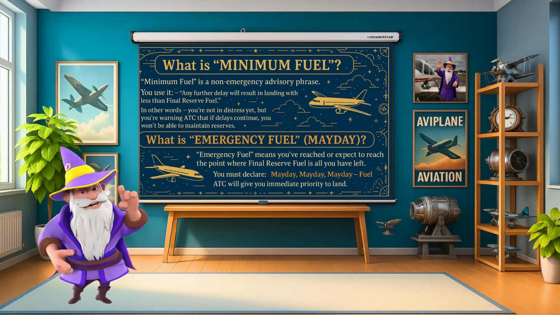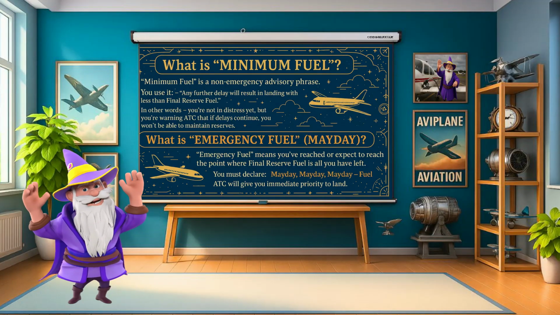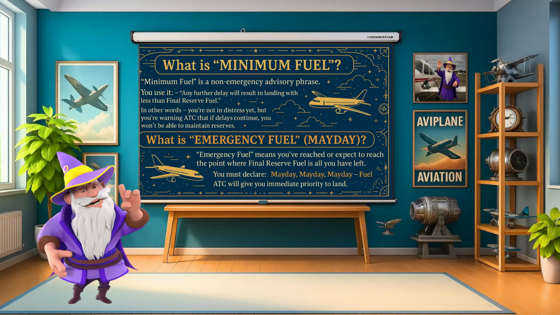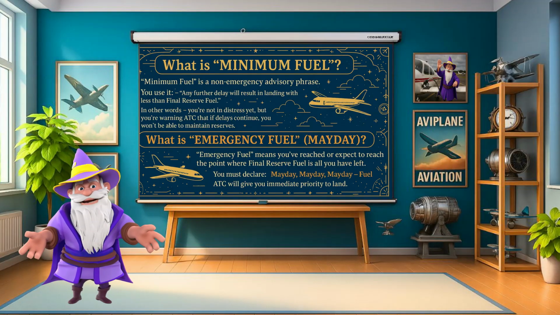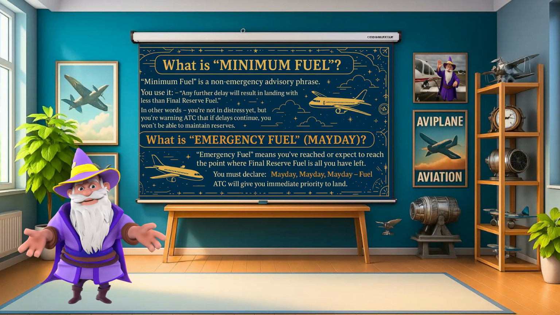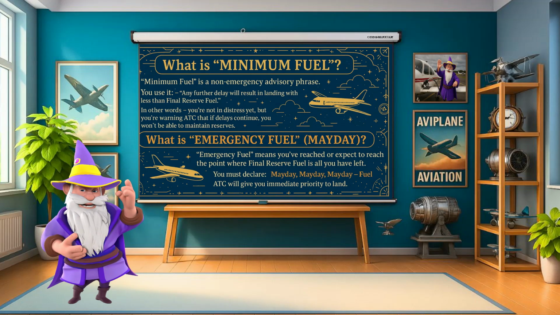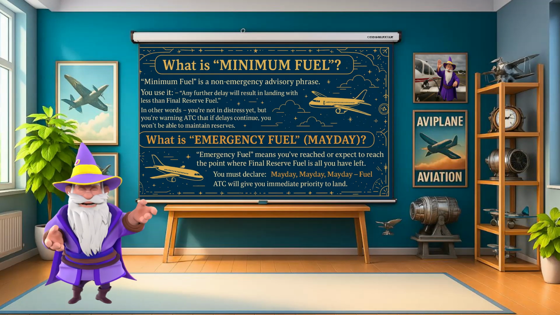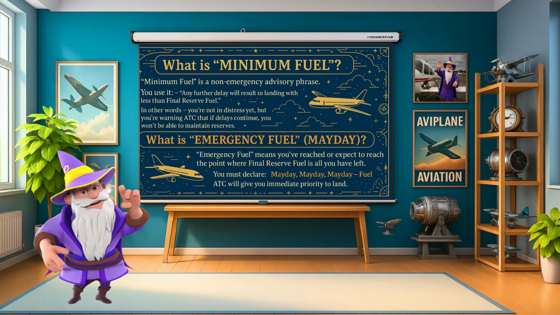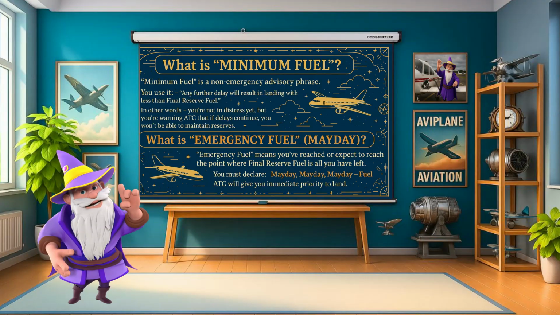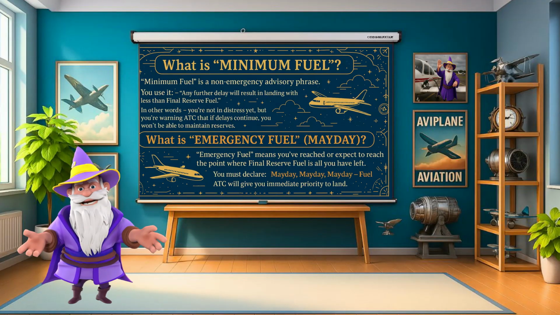In other words, you're not in distress yet, but you're warning ATC that if delays continue, you won't be able to maintain reserves. Emergency fuel means you've reached or expect to reach the point where you will land below your final reserve fuel. That is an emergency. You must declare, Mayday, Mayday, Mayday, fuel. ATC will give you immediate priority to land.